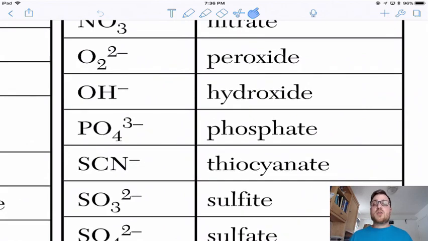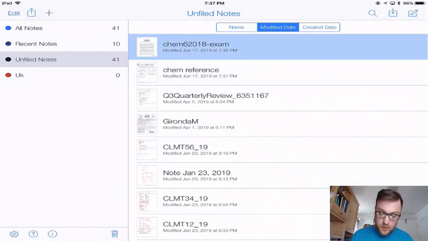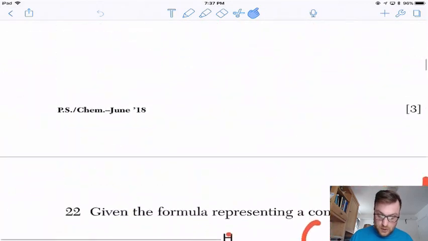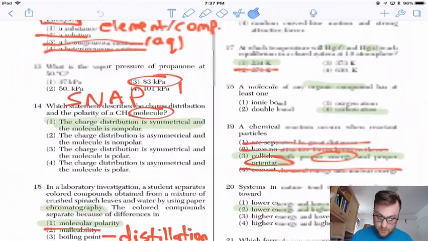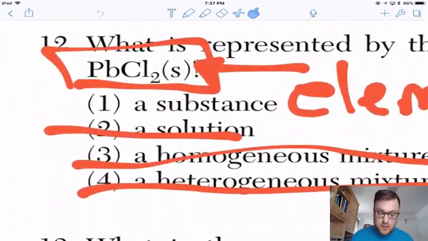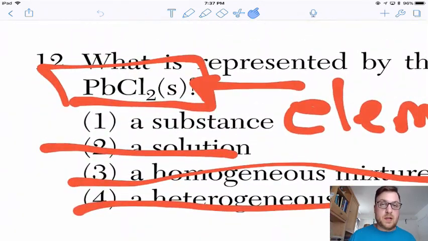Mr. G, how do you know something was on table E? How can you tell by just looking at a formula that something's from table E? If a formula has 3 or more different types of elements, something most likely came from table E. So, for example, we were talking about PbCl2 before. PbCl2 is just 2 types of elements, Pb and Cl.